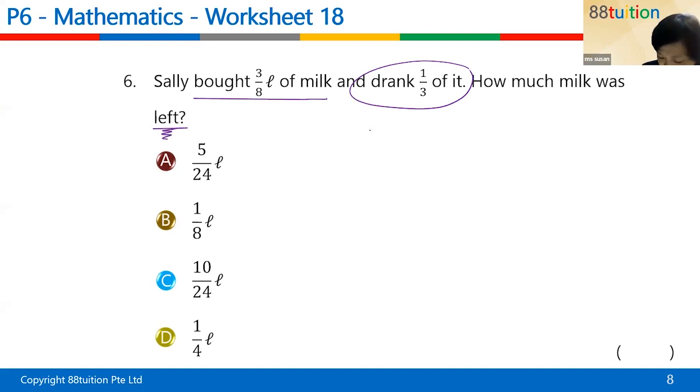You must use whatever he bought to minus away whatever he drank. Okay, so we want to do it in a common denominator. What is the common denominator for 8 and 3? 8 and 3 will give you 24. Okay, so times 3, you get 9. 24, you must times 8.